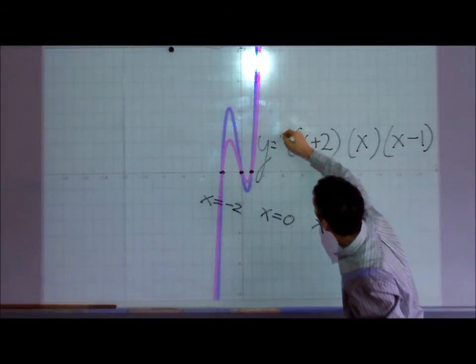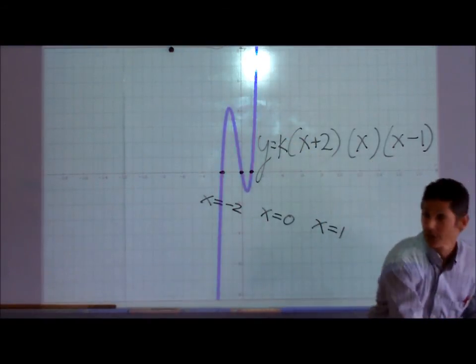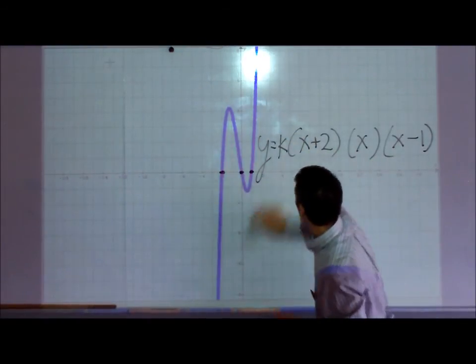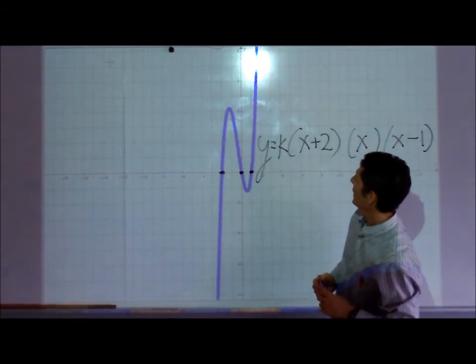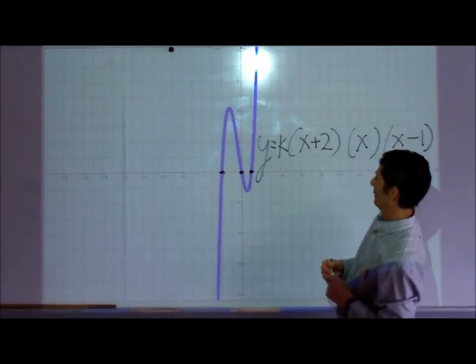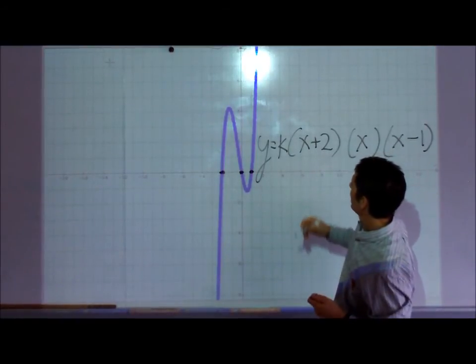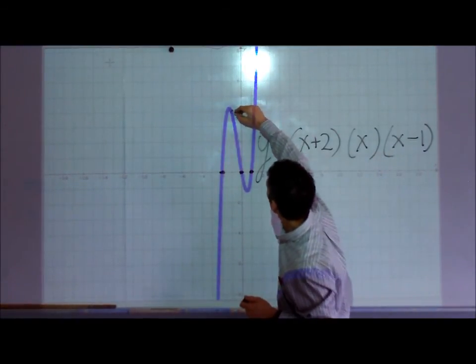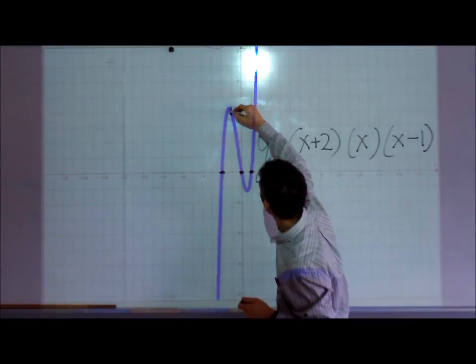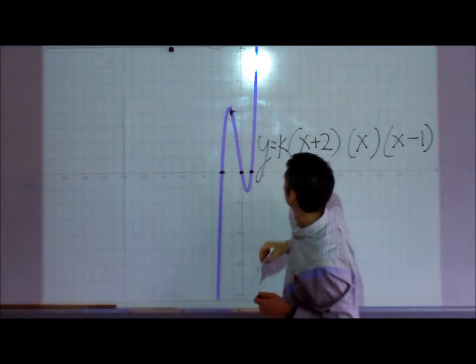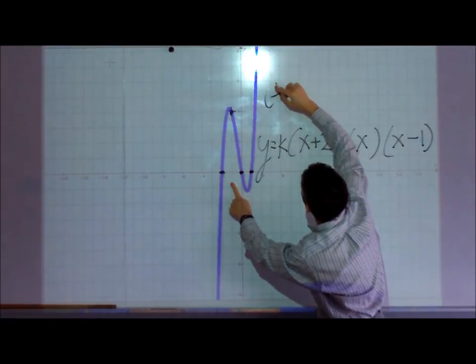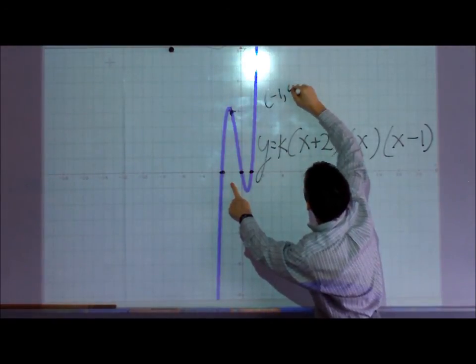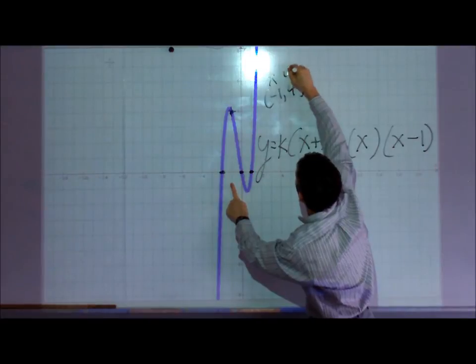I want to know how stretched out it was. So now what's the deal? I have to pick some point that is not on the x-axis. This looks like a reasonable point. Any point that crosses my grid is fair to use. So I'm going to pick the point (-1, 4). That's my xy point.